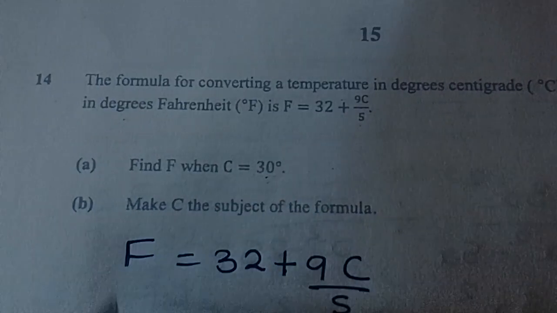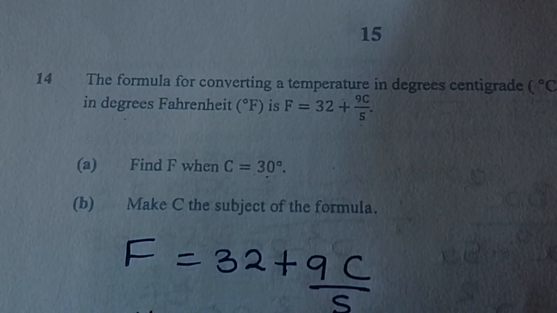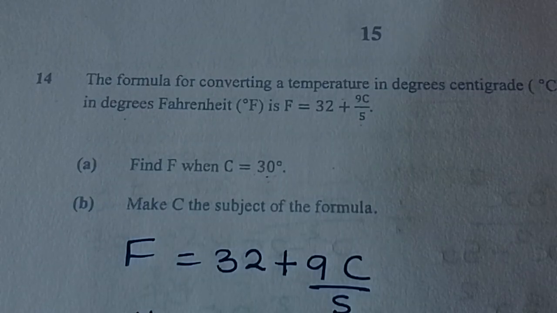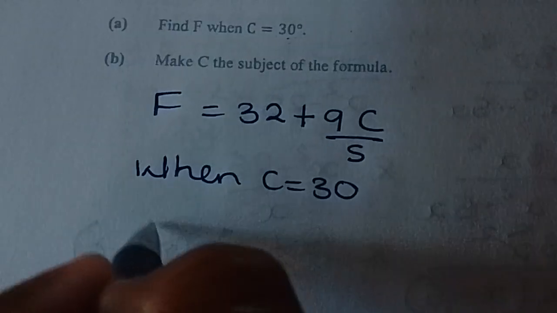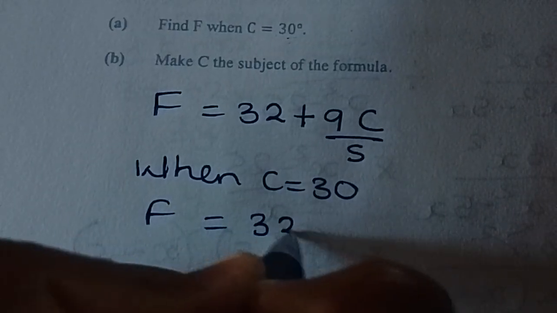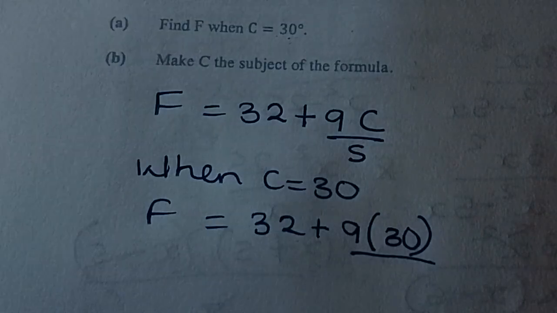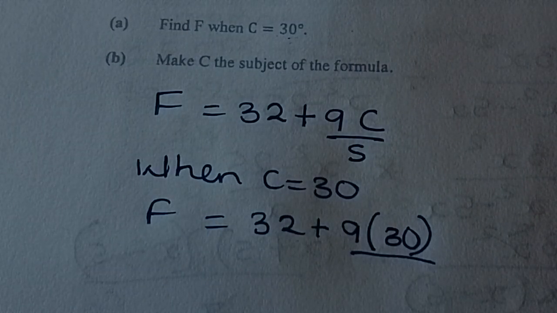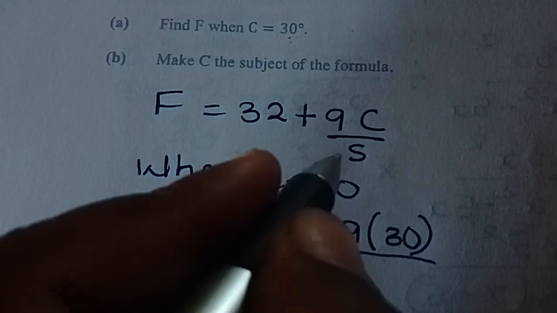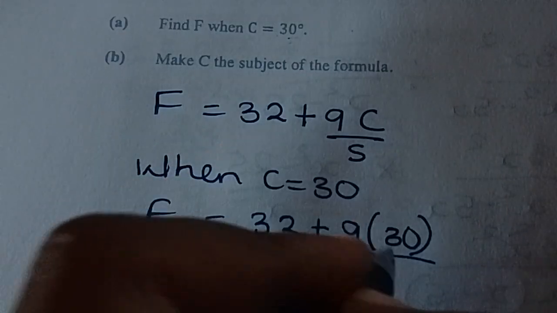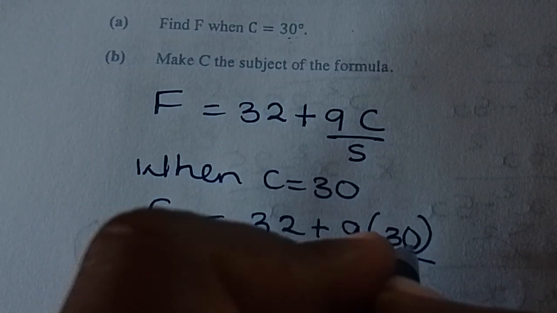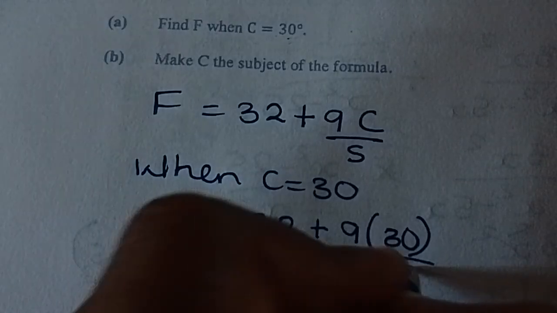So when C is equal to 30, what is F? F is equal to 32 plus 9 times 30 over 5. Right? Over 5.